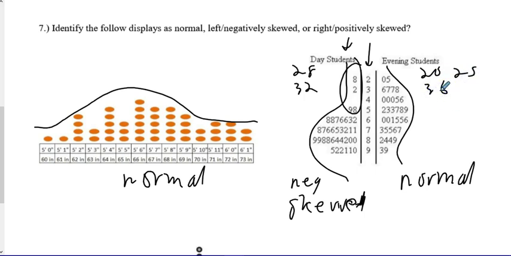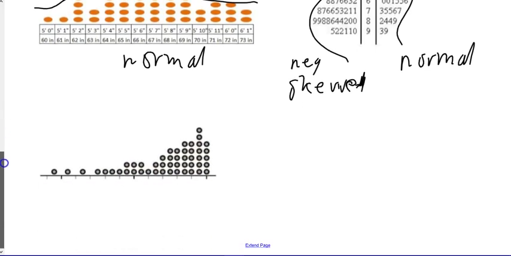So you always put that number as the tens digit, all right? So for the day students, 28 and 32 especially are pulling the average down. They're not far enough away to be outliers. I guess if you wanted to, you could count them out, and if you did that, then it would be more normal. But again, that's the beauty of statistics. You can kind of play with the data.